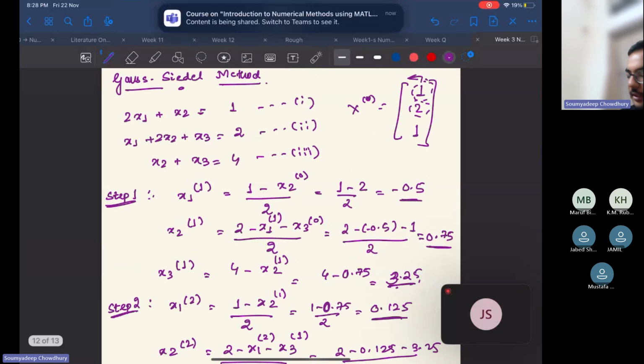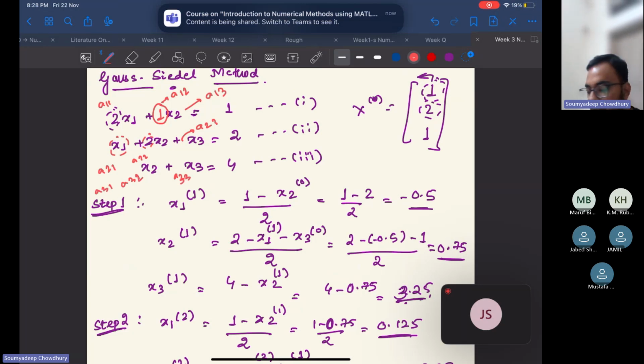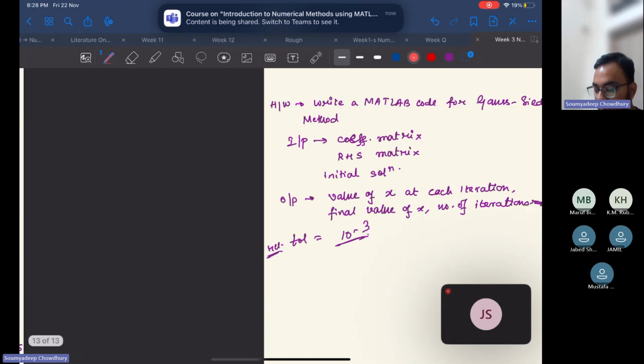So if you see here carefully, this value is A11, here there is A12, then we have another term here, A13, which is not there. This is A21, A22, here is A23. Similarly here A31, A33, this is A32. So basically, what you have to do is take a generalized form first.